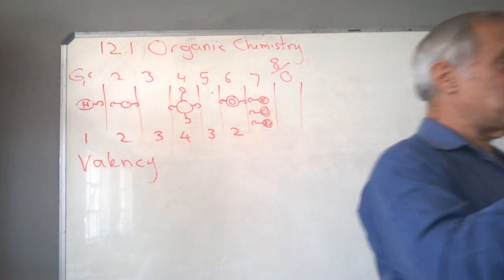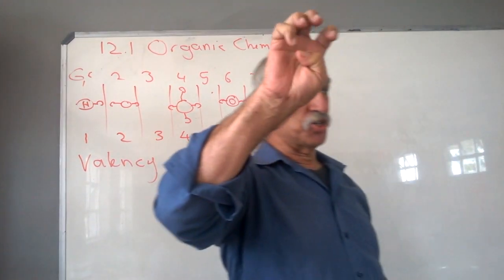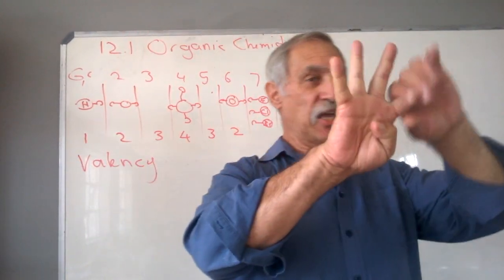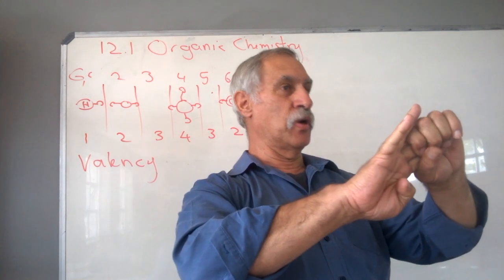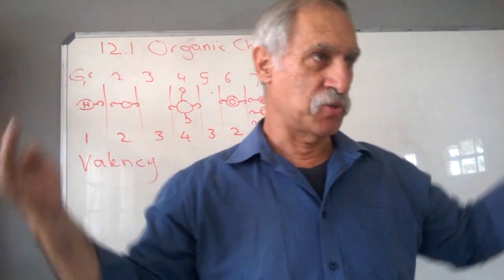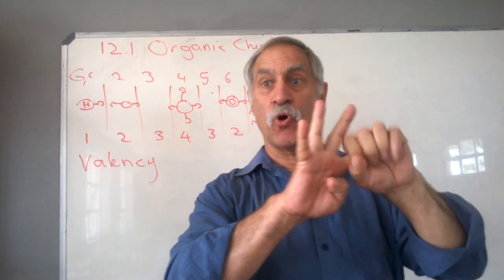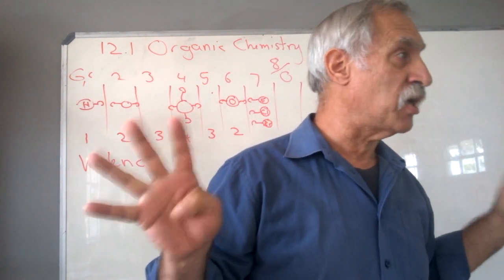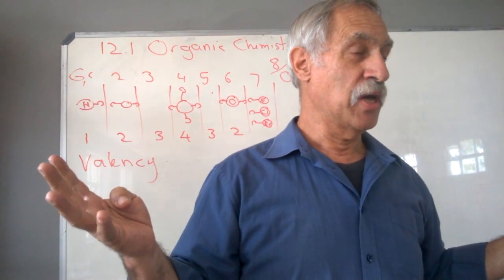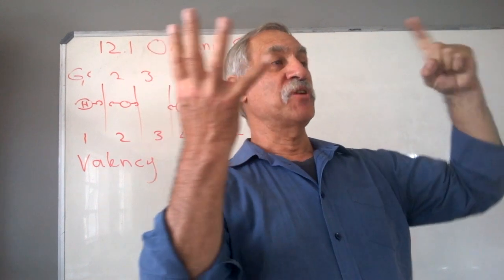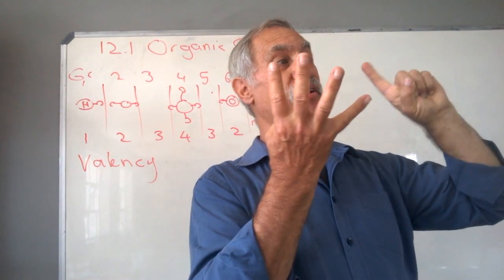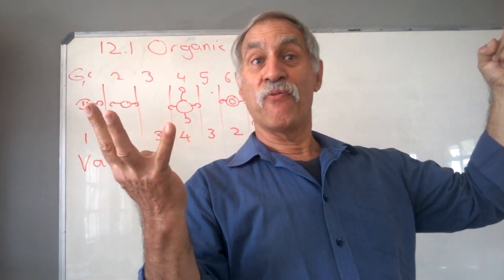So if we're going to take carbon by the same logic, do you see why carbon is so great? All life is based on carbon. Because it's got 4 hooks, the most number of hooks we get that are stable. That means we can have how many things attached to it? 4 maximum.